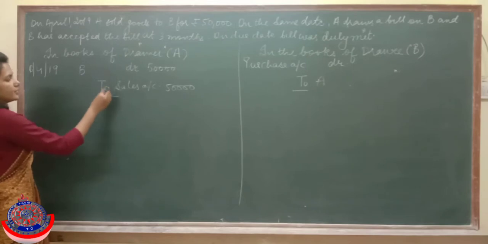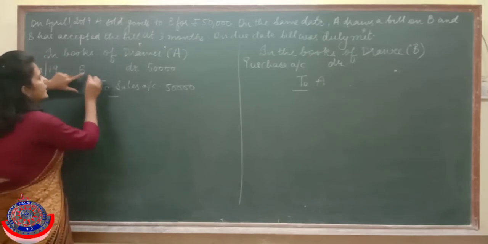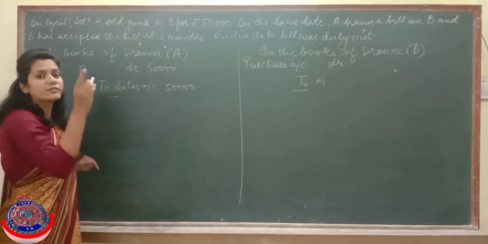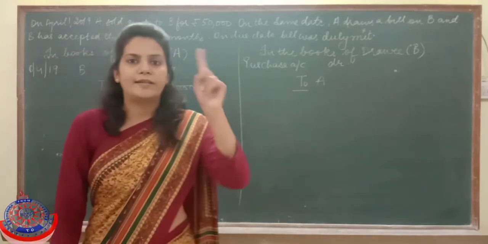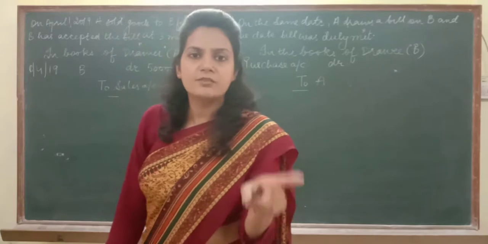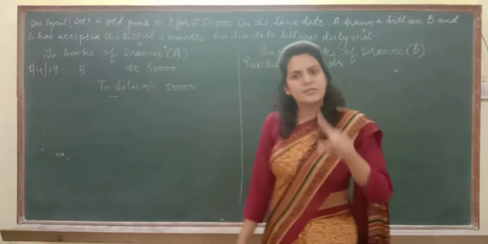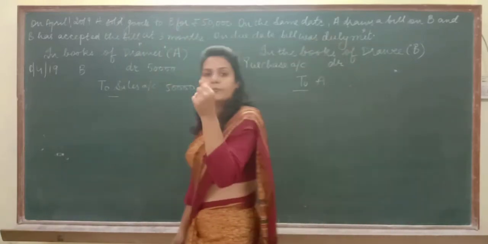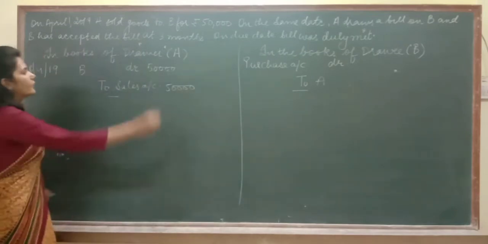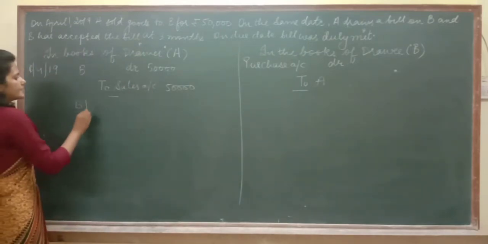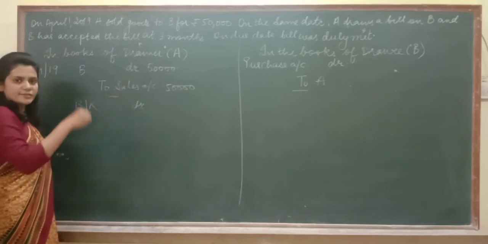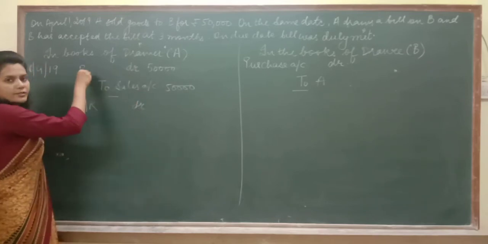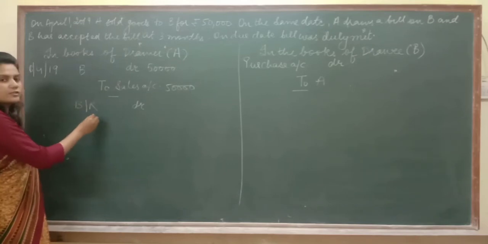If A has written the bill, then B has become bills receivable for A, because earlier he was a debtor, and now the name has been changed from debtors to bills receivable. Bills receivable is an asset for the company, so bills receivable will be debited, because A is going to receive the money. When B was his debtor, now his name has been changed to BR.